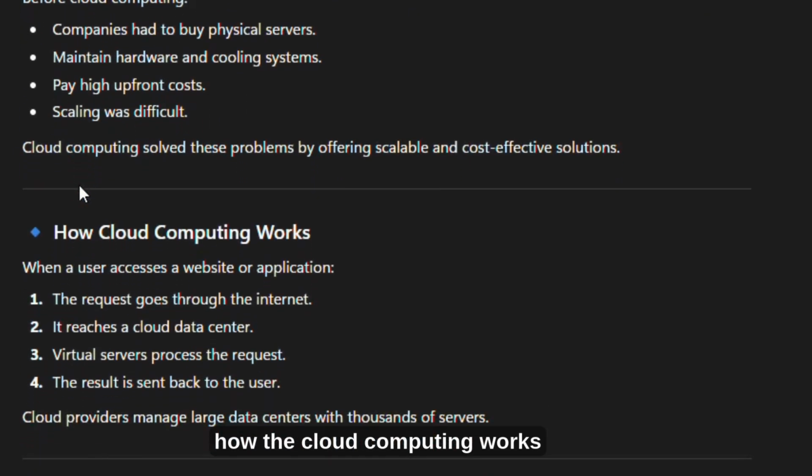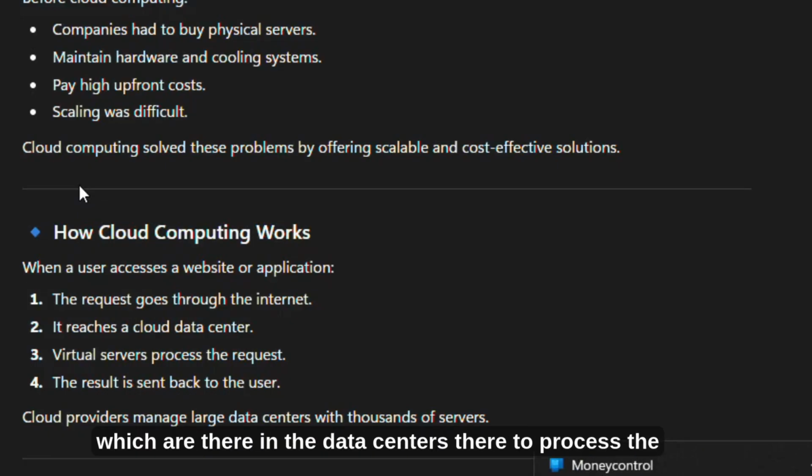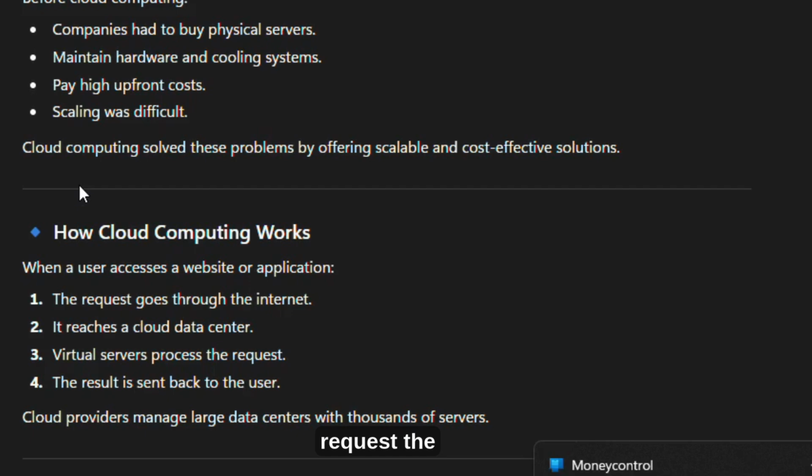How does cloud computing work? When the user accesses a website or application, a request goes to the internet. The request moves towards the data center, and the virtual servers in the data center process the request. The result is sent back to the user.